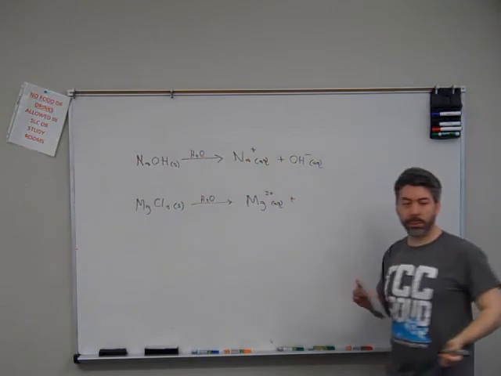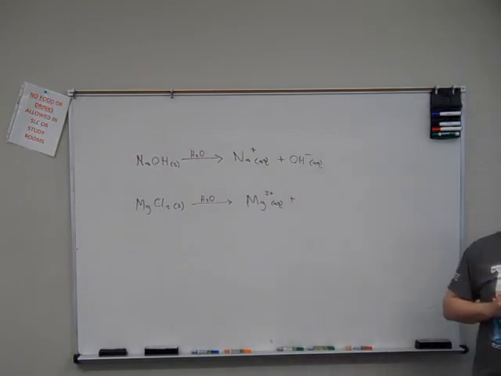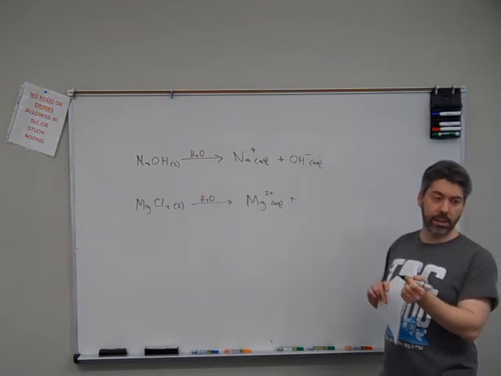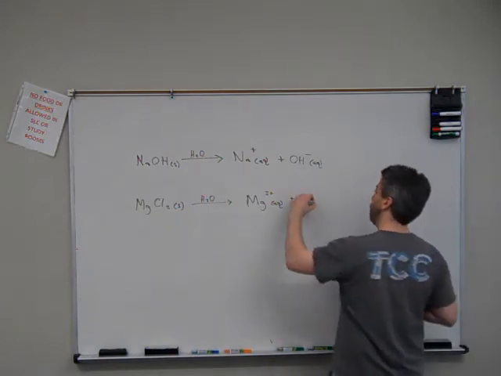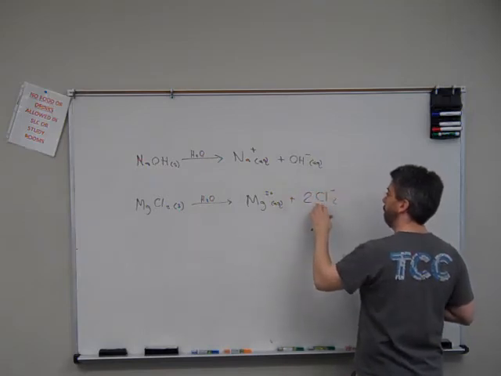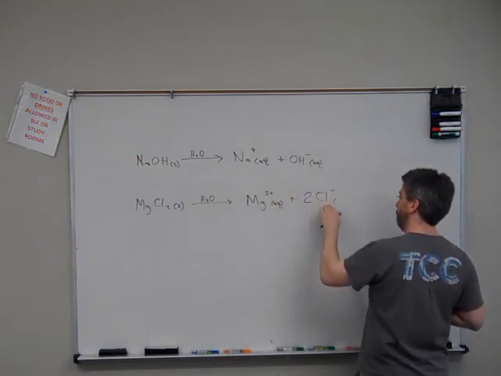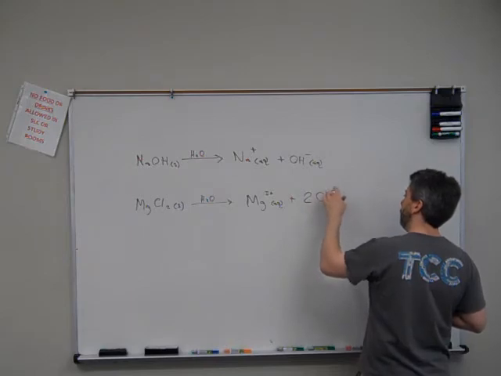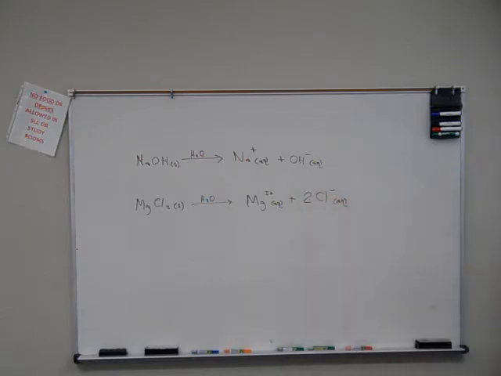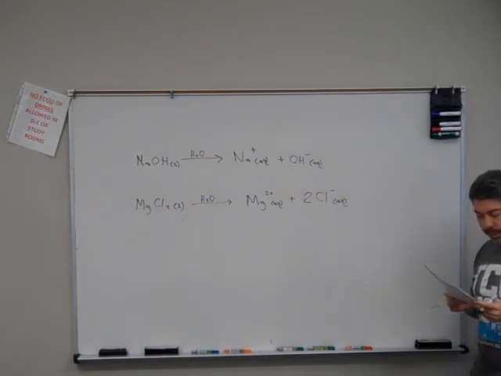And what else will it break up into? Cl, chloride. So how do I write that? 2Cl-, very good. They're separate chloride ions. I'm not going to write Cl with the subscript 2, but it's two separate Cl- ions. So that would be the dissociation equation for magnesium chloride.